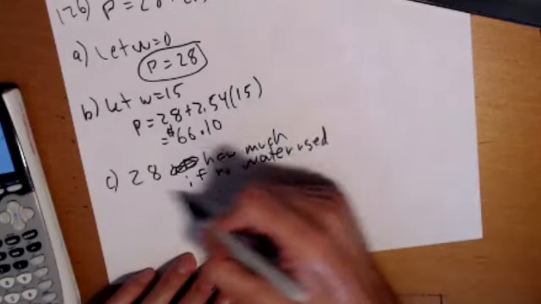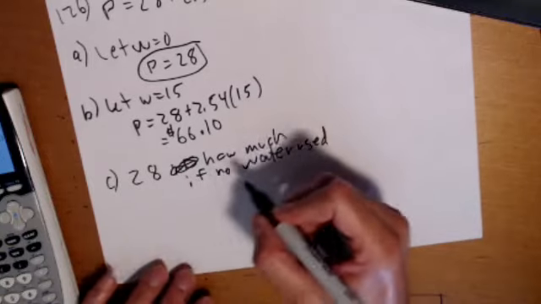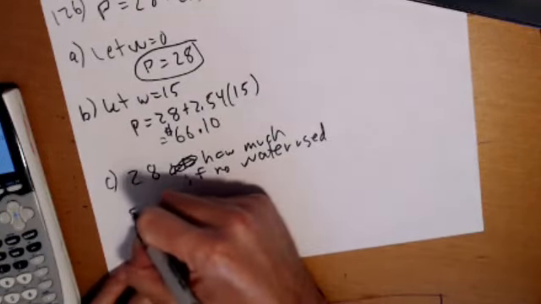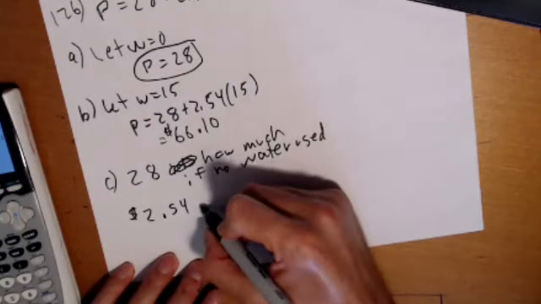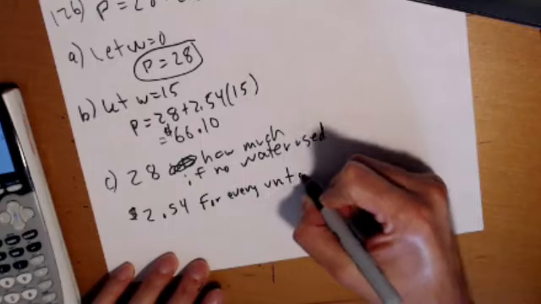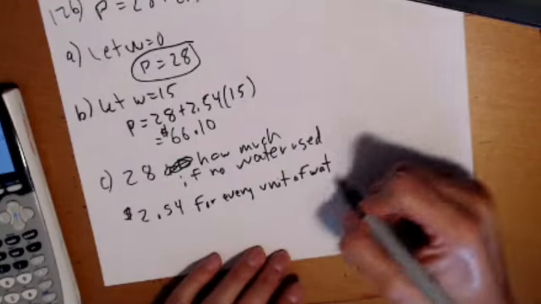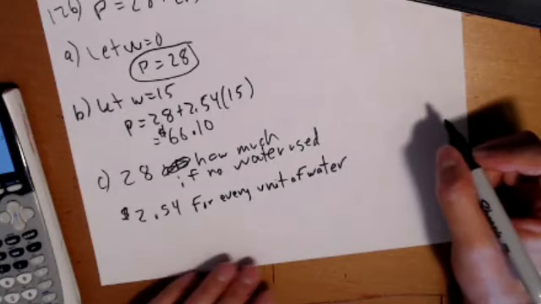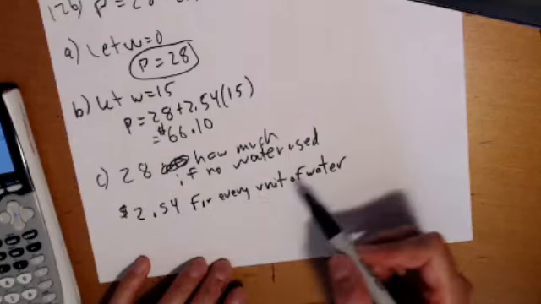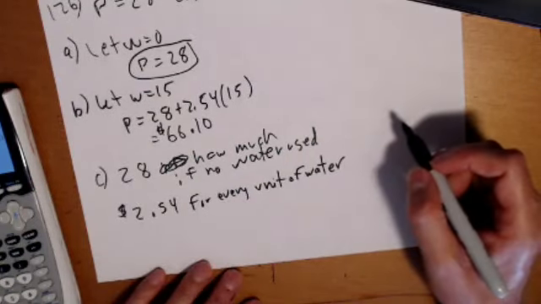That's the minimum flat fee just to have the water on. Then based on how much water you use, it's $2.54 for every unit of water, probably like a kilogallon or something. The more water you use, 2.54 for every unit.